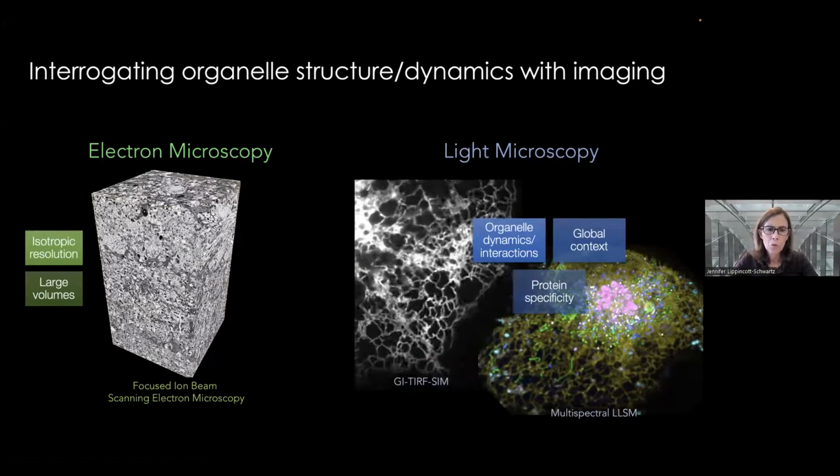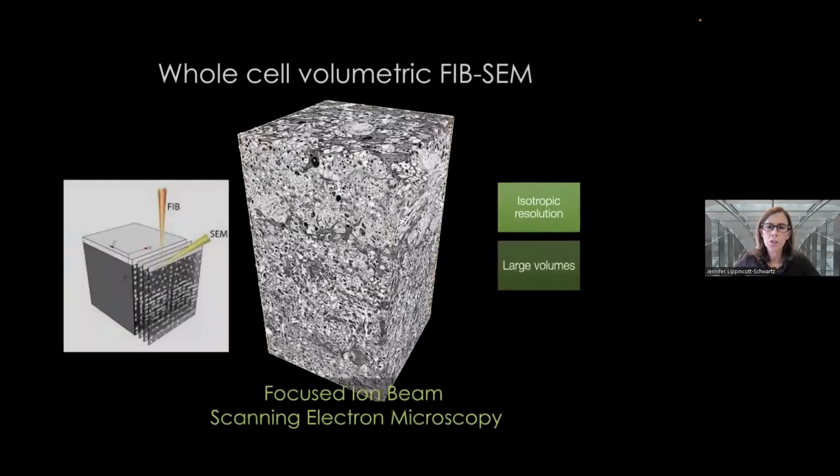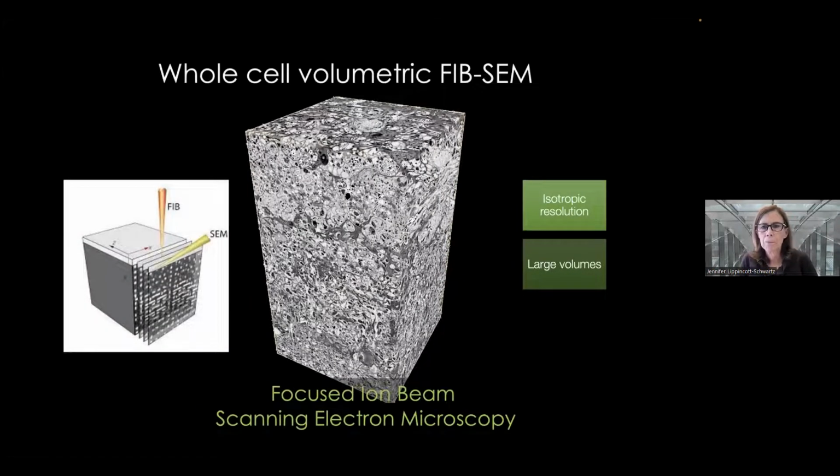So let's start with the innovations in electron microscopy, this whole cell volumetric FIB-SEM that I was talking about. Basically, in this approach, a specimen is high pressure frozen and put into a tissue block, if you will, and then sequentially imaged by scanning EM and focused ion beam milling.